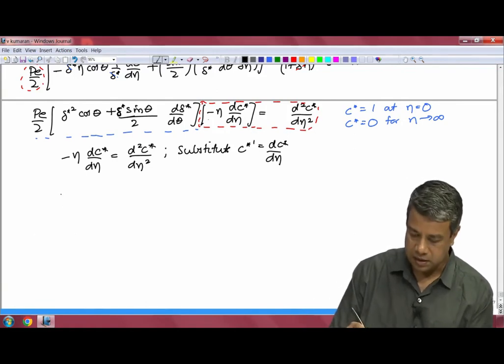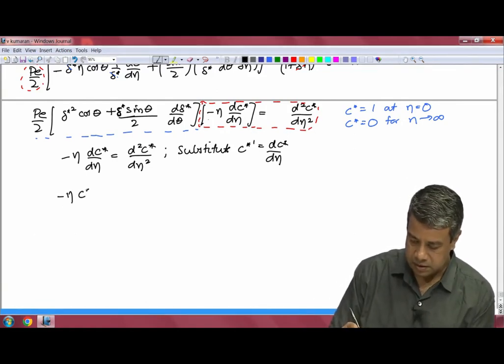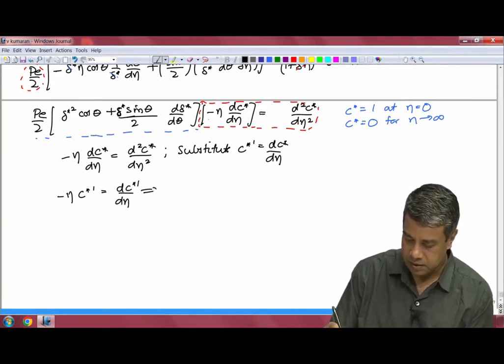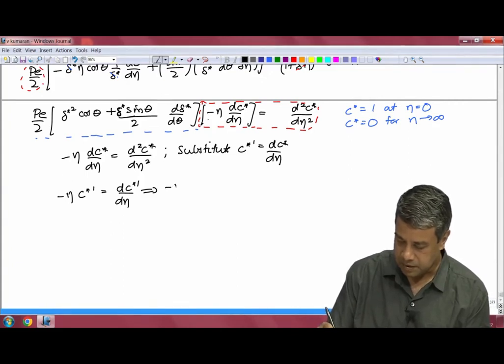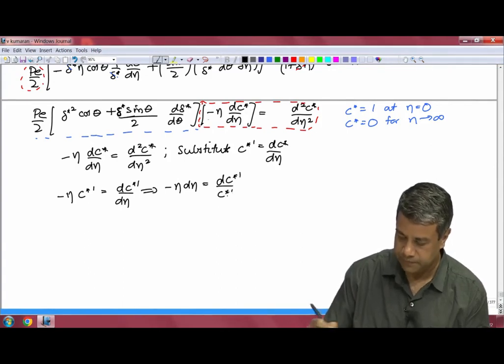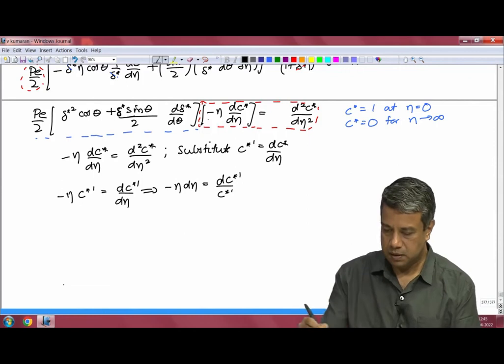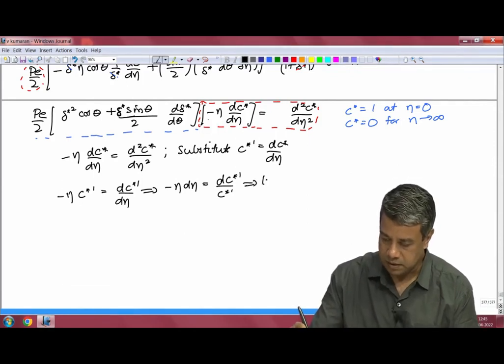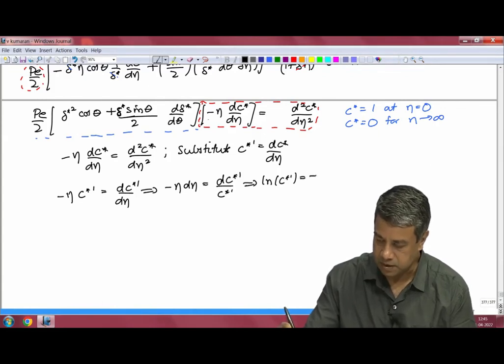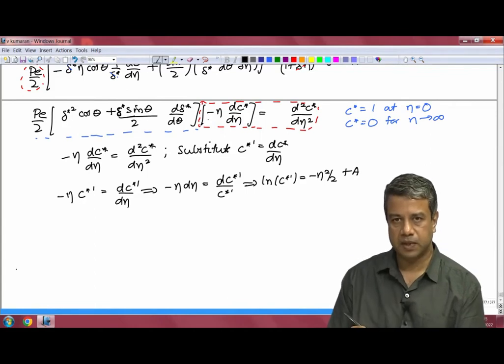I will get minus eta c star prime is equal to d c star prime by d eta, which implies that minus eta d eta is equal to d c star prime by c star prime, which implies that natural logarithm of c star prime is equal to minus eta square by 2 plus some constant a.